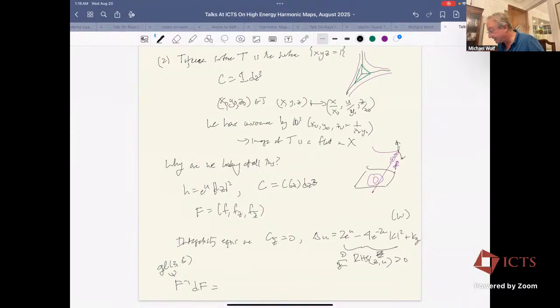I pull this back and I get some matrices dz and some matrices dzbar, and I'll write down the first one. The second one has the same qualitative form: 1/2 e to the u, 1, u_z, 0, c e to the minus u, 0. All right, and my point in writing this out is that later I'll refer to this.